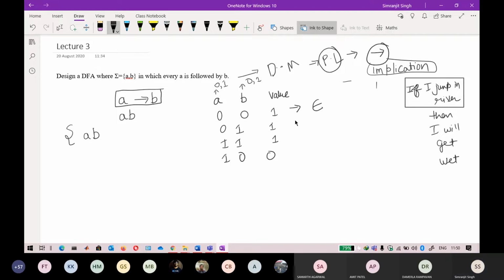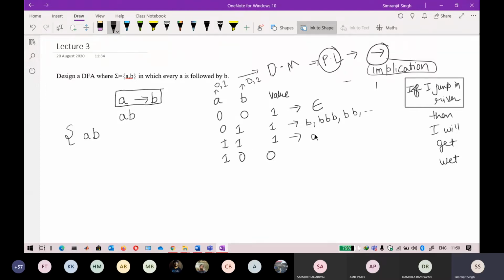Okay, so now see the second one. It says A has not come, B has come, and this is a true statement. Okay, so it means the strings that only contain B's are also possible in this. And the third one says that A has come and B has come.